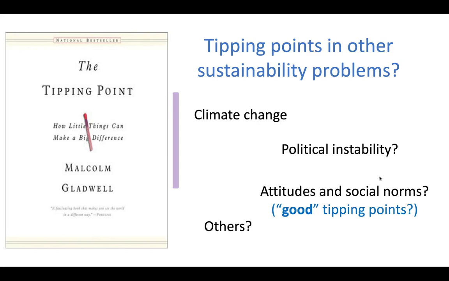But the big thing I want you to take from these slides here is that when you hear people talking about tipping points, there's a colloquial definition of tipping points, but when we as sustainability scientists and dynamical systems theorists talk about tipping points, we have something very specific in mind.